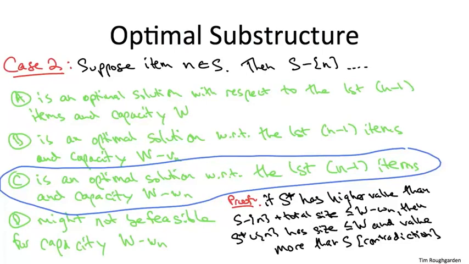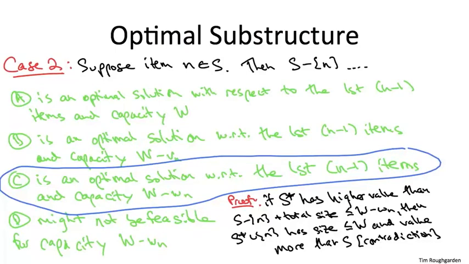Notice what's going on here. In taking away w sub n from the knapsack capacity before we look at the residual problem, we're in effect reserving a buffer for item n if we ever need it. That's how we know we're feasible when we stick n back into this solution S star. That's analogous to deleting the penultimate vertex of the path, again as a buffer to ensure feasibility when we include the nth vertex back in the independent set problem.